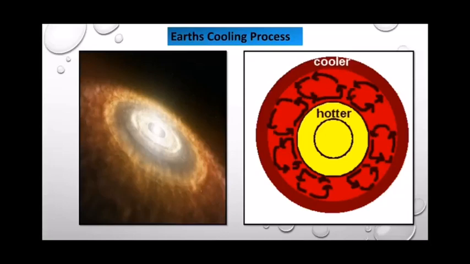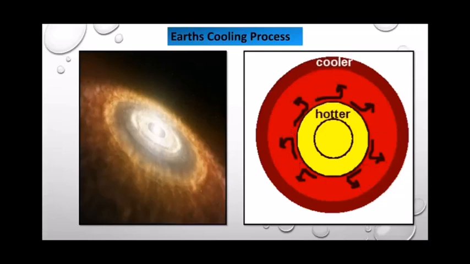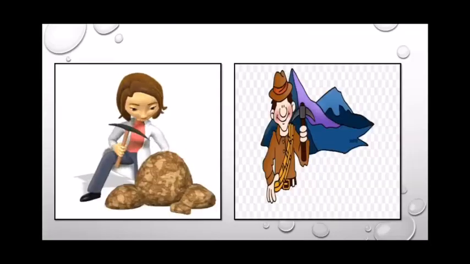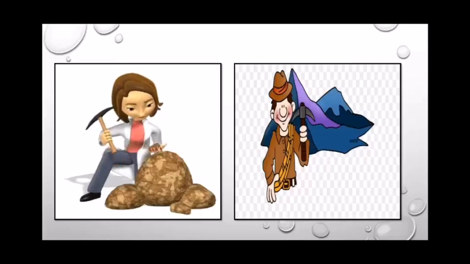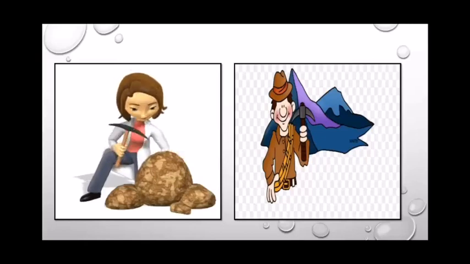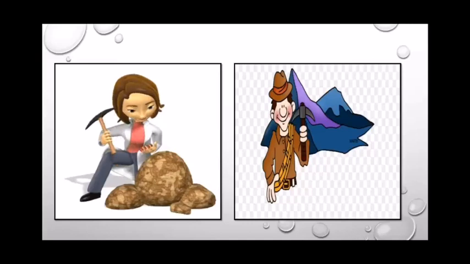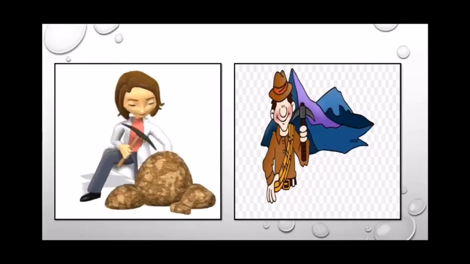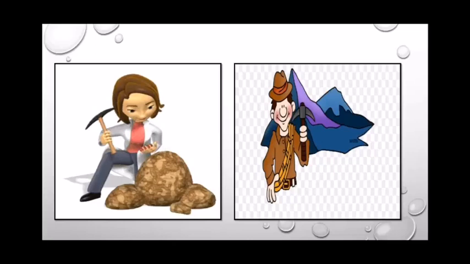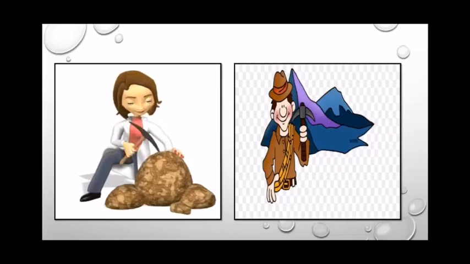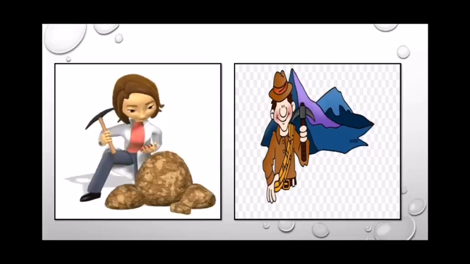So children, as we are so curious about knowing and understanding different things on our planet, in the same way the scientists were also very curious about knowing what lies inside the surface of the earth.